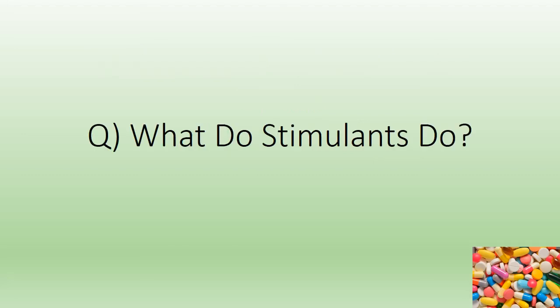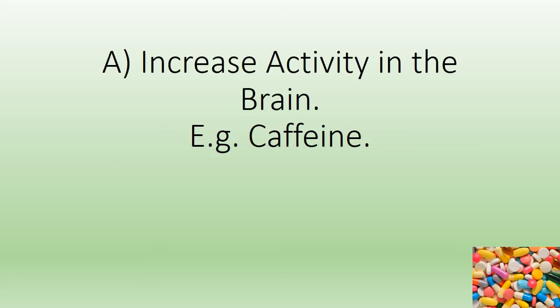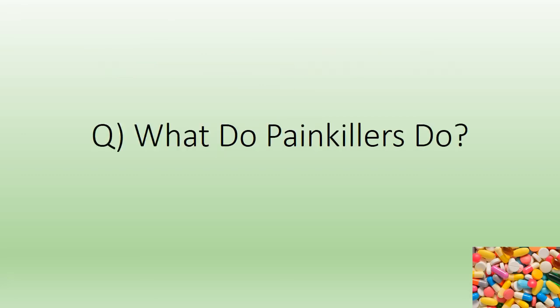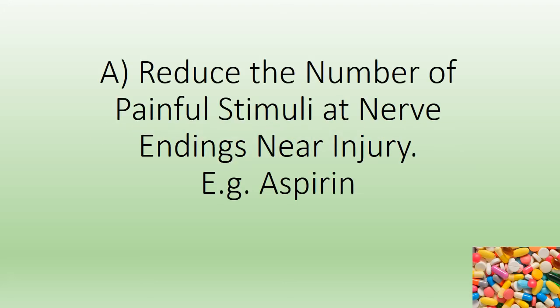What do stimulants do? Increase activity in the brain, e.g. caffeine. What do painkillers do? Reduce the number of painful stimuli at nerve endings near injury, e.g. aspirin.